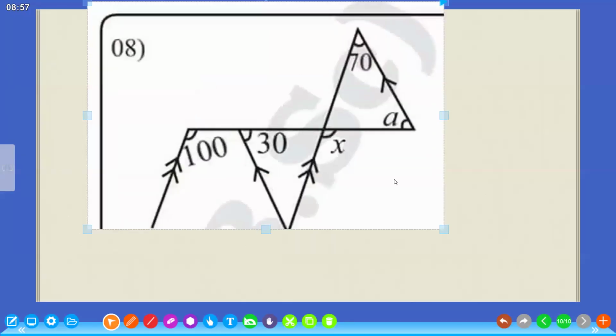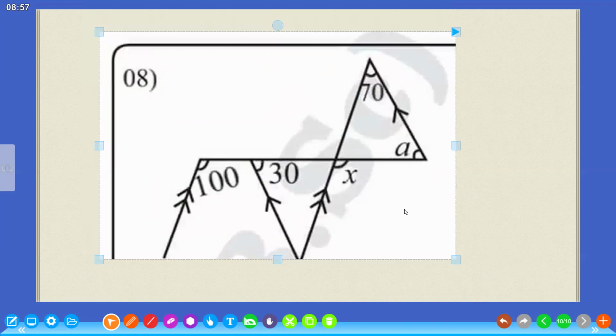Students, we finished the theorems and the basic things in the grade 10 syllabus. Now we can discuss the question. I need both answers, A and x.